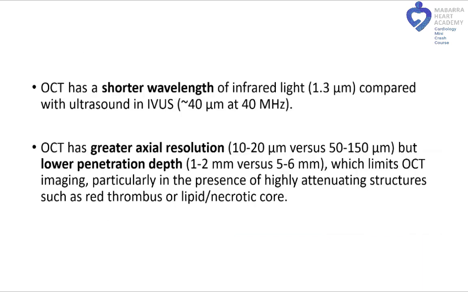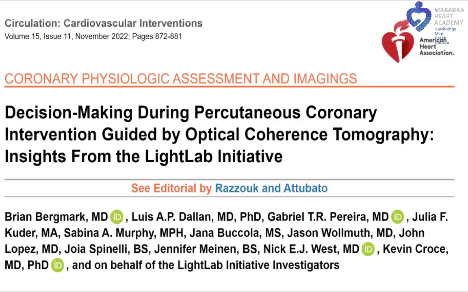OCT has a shorter wavelength of infrared light compared with ultrasound in IVUS. As a result, OCT has greater axial resolution but lower penetration depth, which limits OCT imaging, particularly in the presence of highly attenuating structures such as red thrombus or lipid.